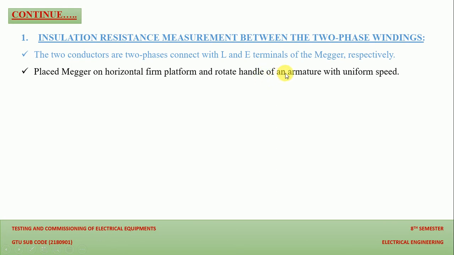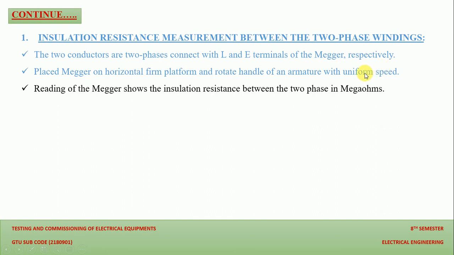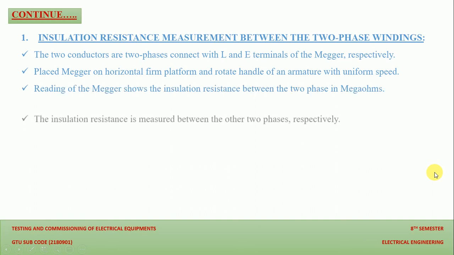smoothly, and from the steady pointer we get an accurate reading. So place the Megger on a horizontal flat platform, and rotate the handle of the armature at a uniform speed, say 160 rpm. The reading of the Megger shows the insulation resistance between the two phases in megaohms.